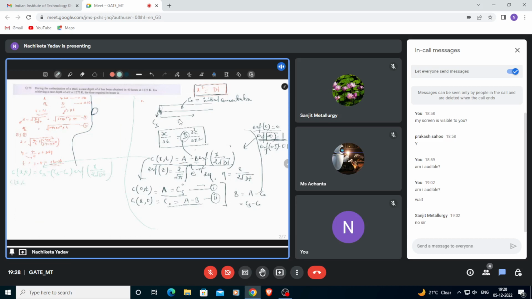We will subtract C0 from both sides, and if we take Cs minus C0 common, we can write Cs minus C0 times 1 minus error function x by 2 square root of Dt. Till now, is it okay?